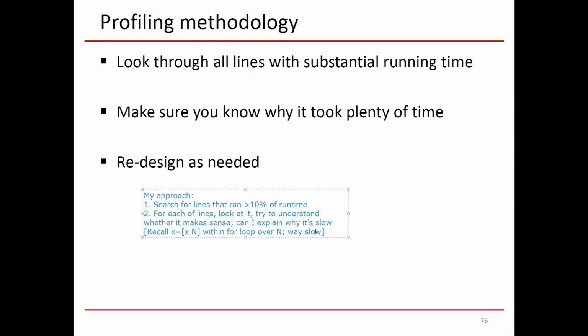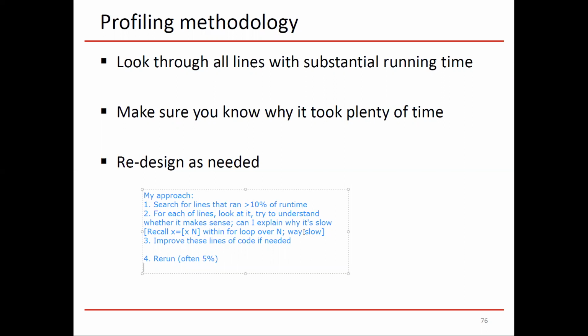So basically, you improve these lines of code if needed. And then you rerun, but now often you'll have, instead of, let's say, looking at lines that took 10%, you'll look at lines that took 5%. So you'll be a bit more detail-oriented.